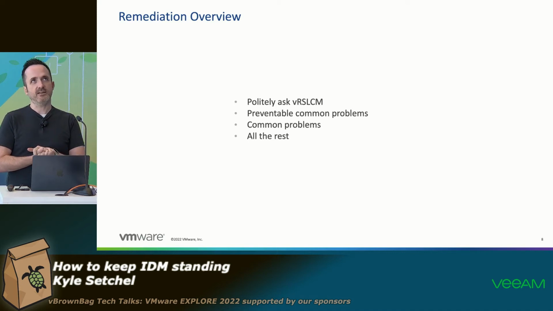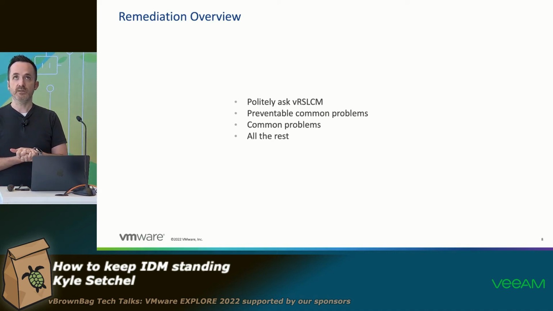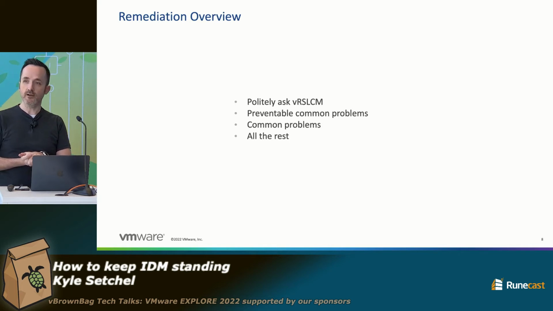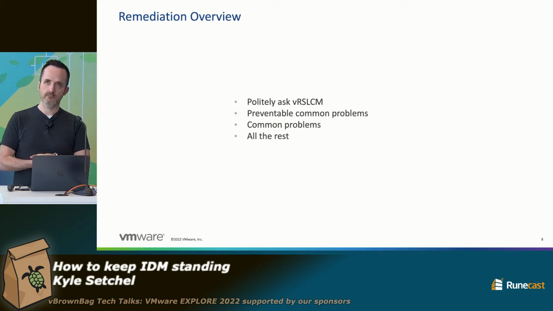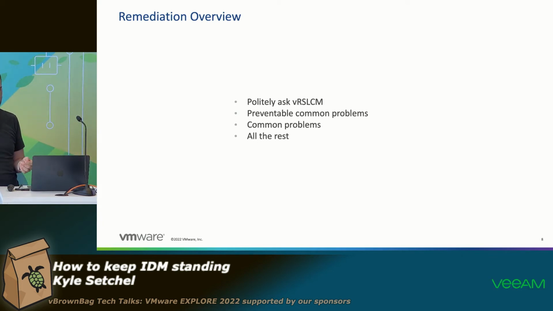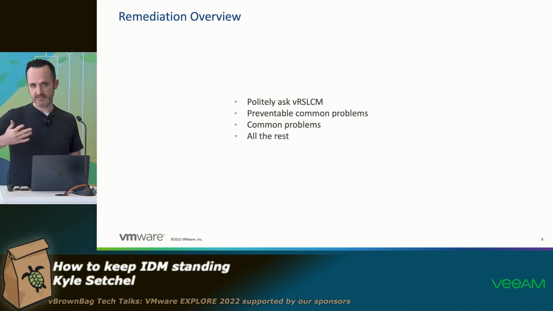Now we have IDM stood up. IDM's great for the first week, maybe 2 weeks, 3 weeks, and then something happens. Maybe you have a host die. Maybe somebody needs to move a VM around, so they shut down one of your IDM nodes, which is a huge no-no. If you want to shut down anything in IDM, you have to go through vRealize Suite Lifecycle Manager, which has a shutdown option.